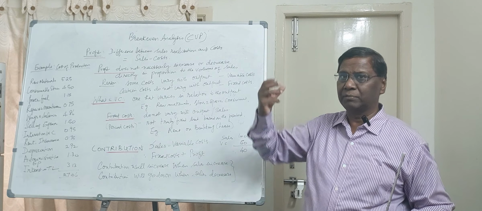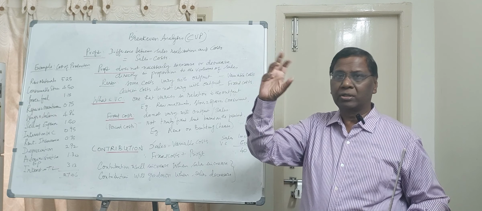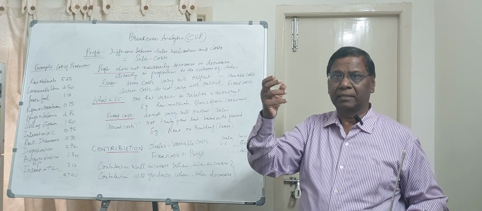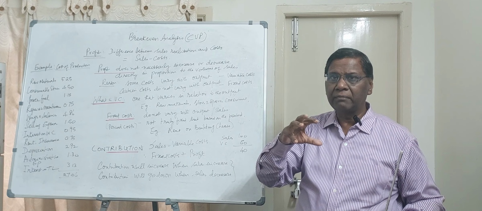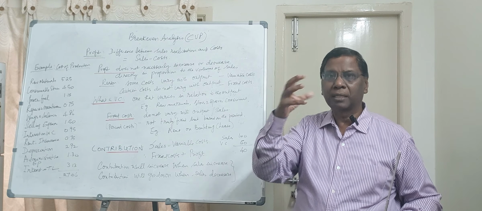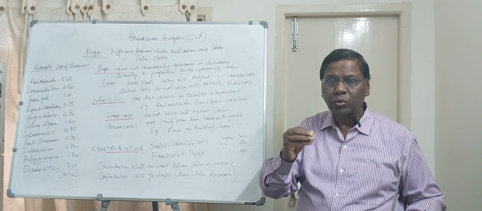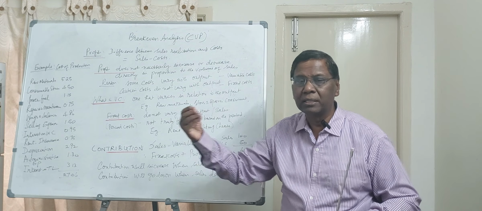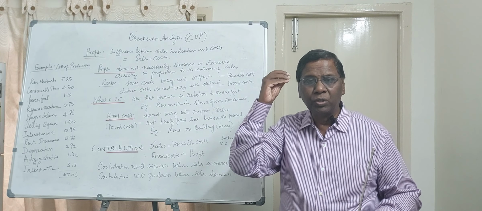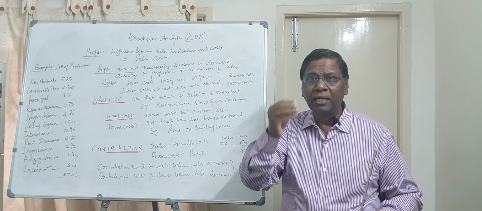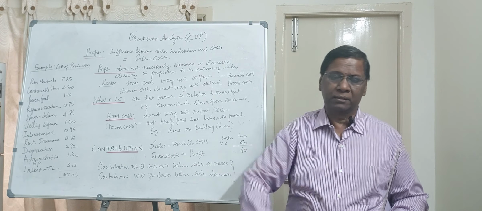Some costs vary with the product output. There are certain costs which do not vary with production or sales. Even if you don't run the machine, even if you don't make any sales, you still have to pay your rent. Am I right?